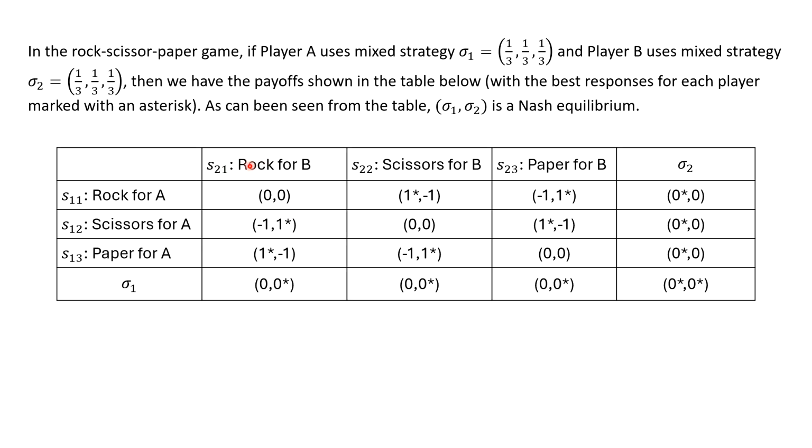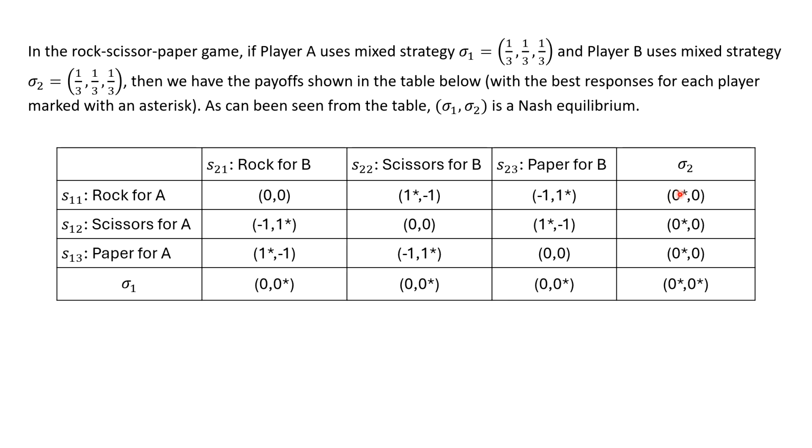So if we look at the best choice for A when B plays rock, it's this one here. And then we can continue, it's here, here. And then when B plays strategy sigma sub 2, the payoff is 0, 0, 0, all the way down for A. So we put a star everywhere here.